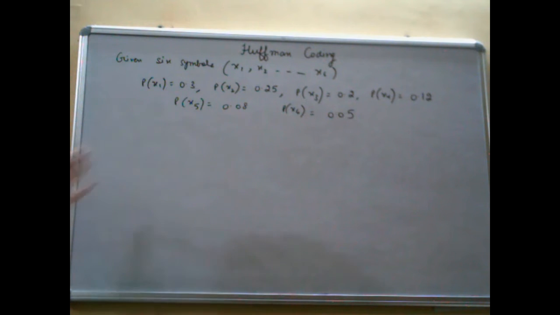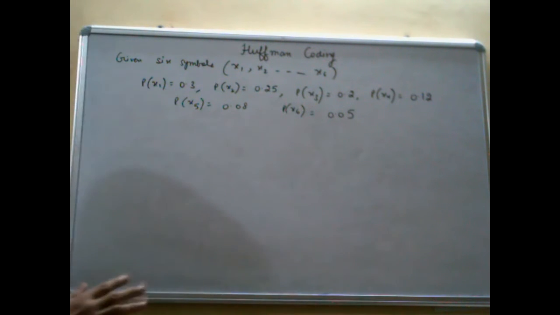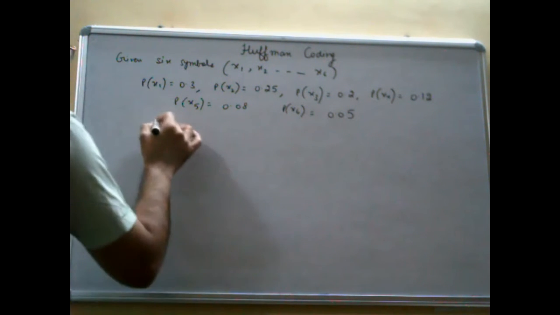Okay, noted this. Now, some important things to note before starting this question. What we have to do is apply the Huffman coding technique on this. This is the question. We'll write the question first of all.